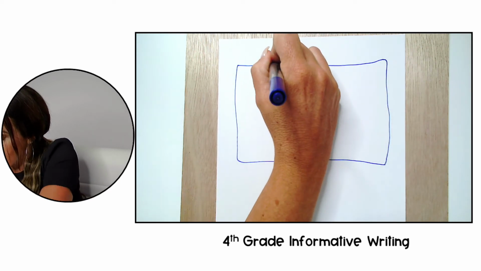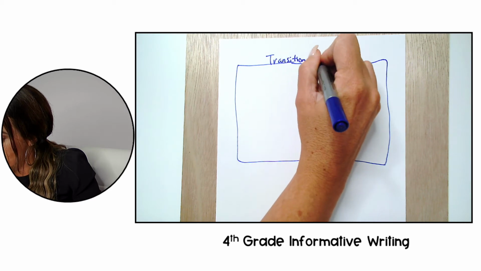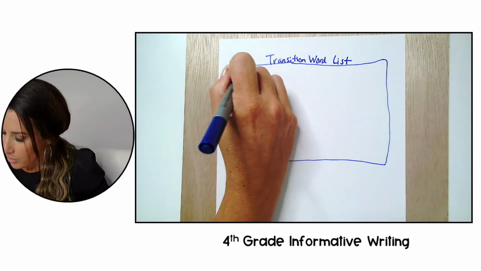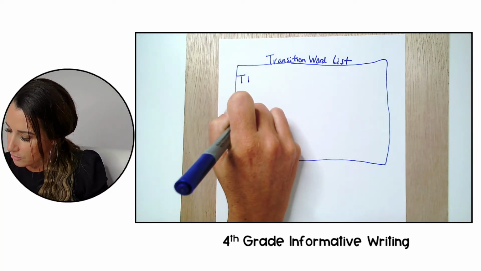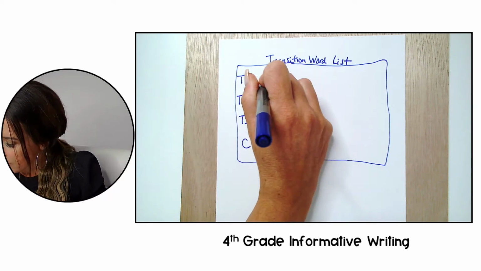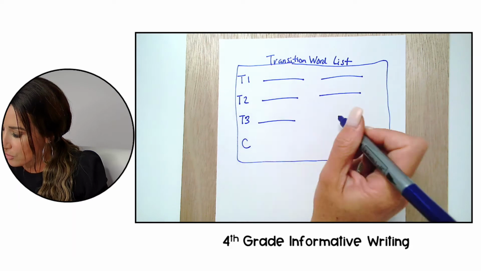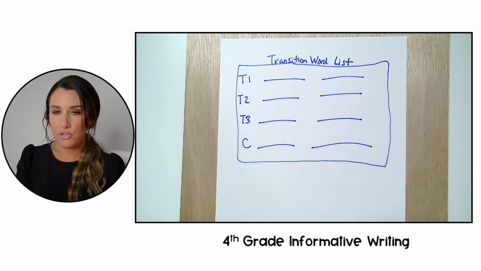I want you to call it transition word list. I want you to write T1, T2, T3, and C, and then 2 lines for each, because I want you to choose today 2 transition words for each paragraph that you can use in your future essays.